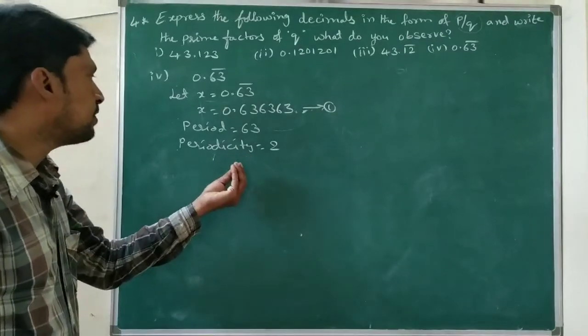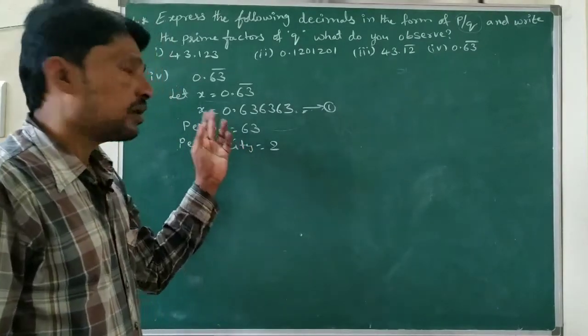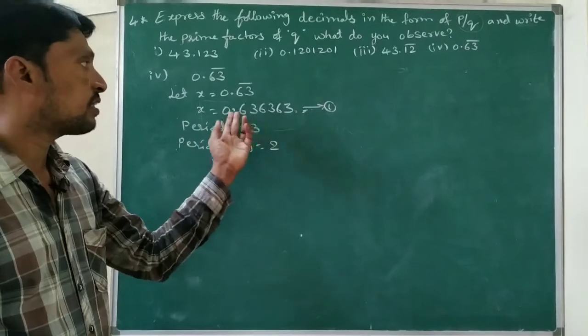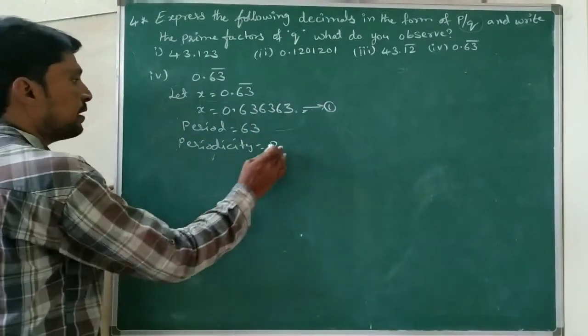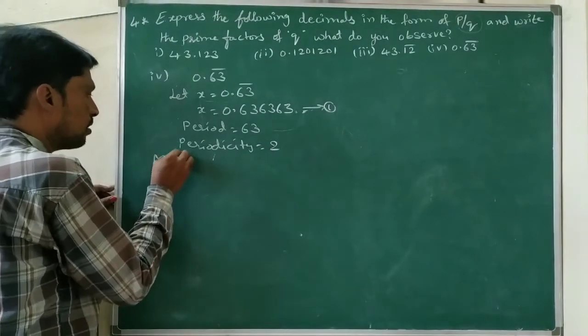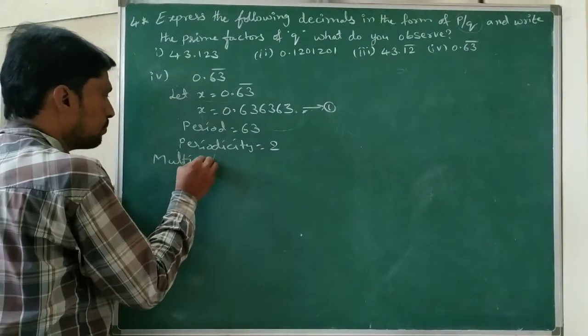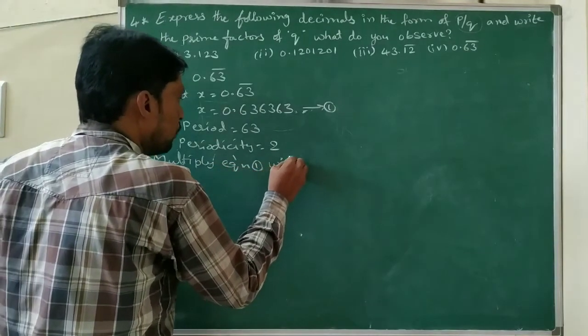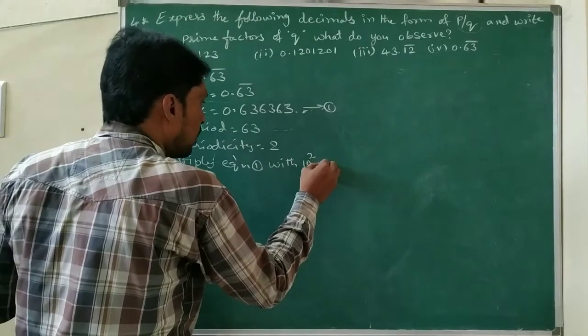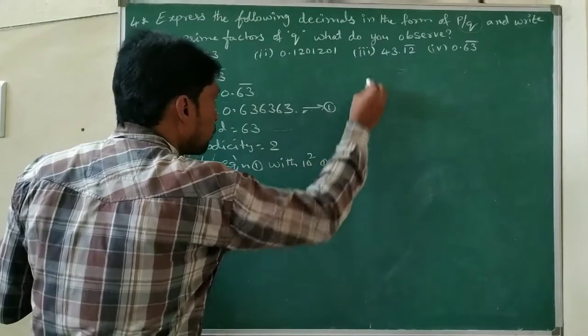The number of digits that repeat, that 63 repeating, is called the period. So here periodicity is 2, which means multiply equation 1 with 10 square on both sides. BS means both sides.